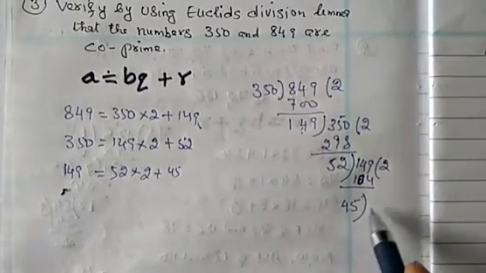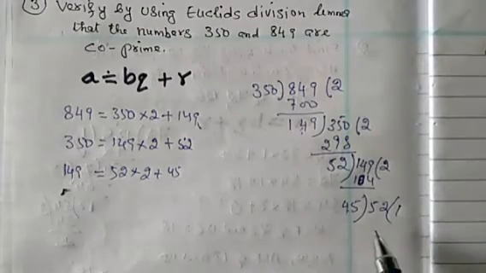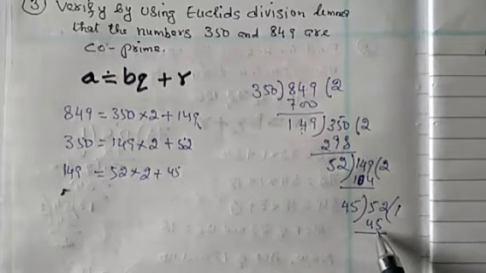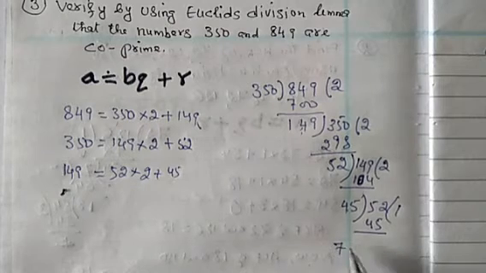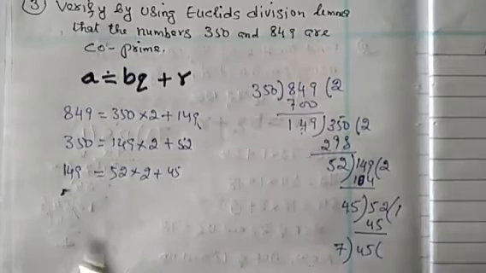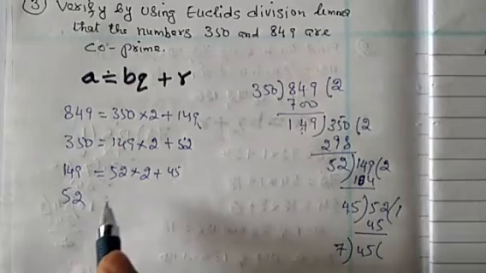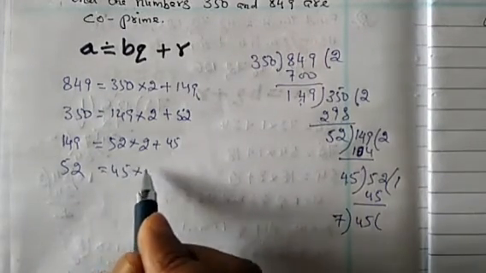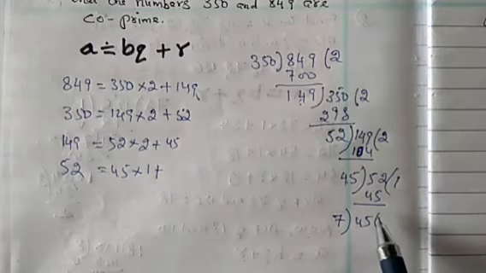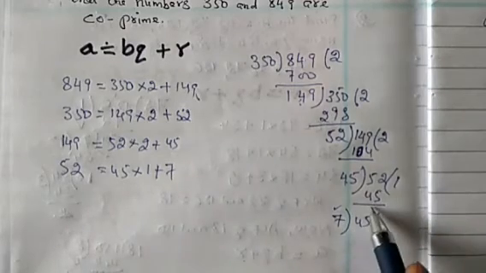Now with this 45 I'll divide 52. It will go once only, 45, and the remainder is 7. So 52 is equal to 45 times 1, plus remainder 7.